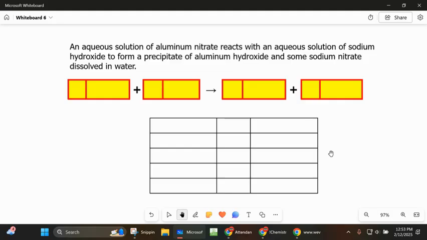So, let's begin with the very first thing we're given. An aqueous solution of aluminum nitrate. From that, we need to write a formula. So, I need someone to tell me what the formula of aluminum nitrate is.